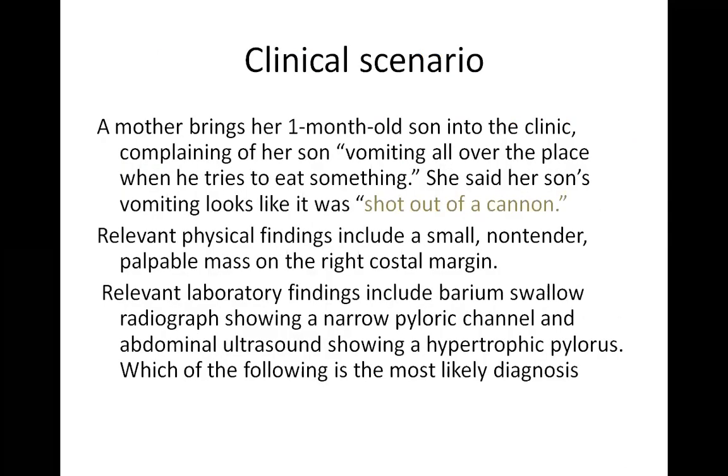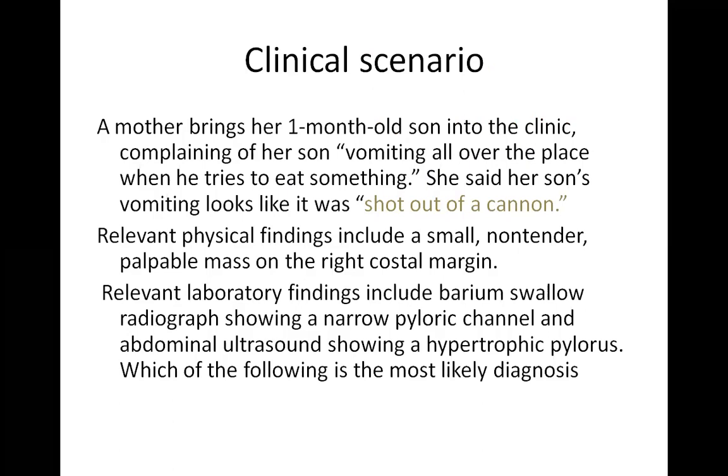A typical clinical scenario you will come across in patients with hypertrophic pyloric stenosis is this: a mother brings her 1 month old son into the clinic, complaining that he is vomiting all over the place when he tries to eat something, and she says his vomiting looks like it was shot out of a cannon.